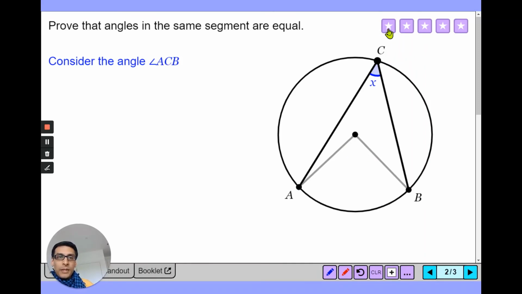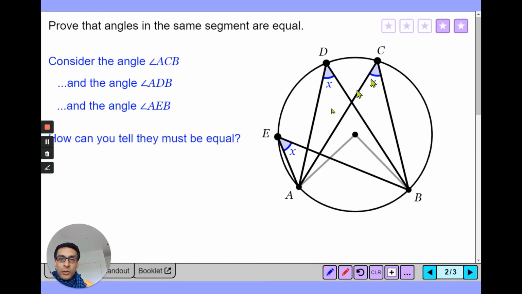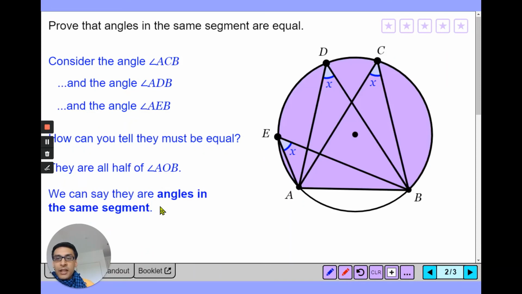If I were to draw another angle, so ADB, or another angle AEB, we know that whatever we draw is always going to be half of the angle at the center. So they are all angles in the same segment, so they are equal to half of the angle at the center because they are subtended from the same arc.